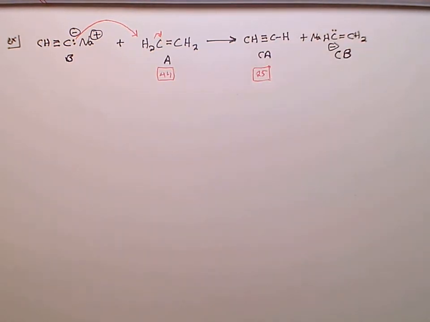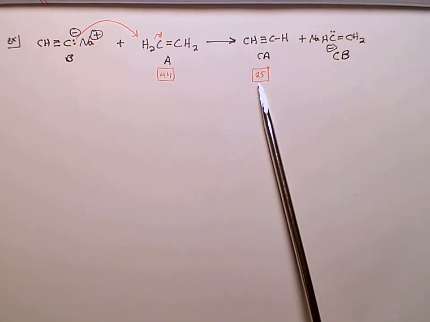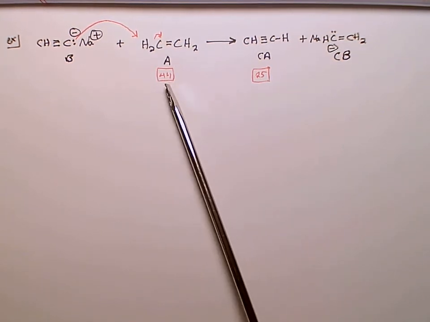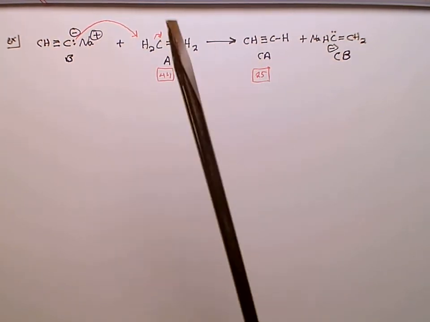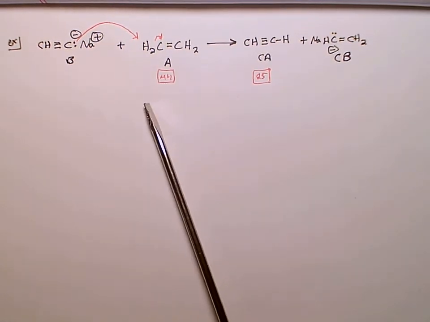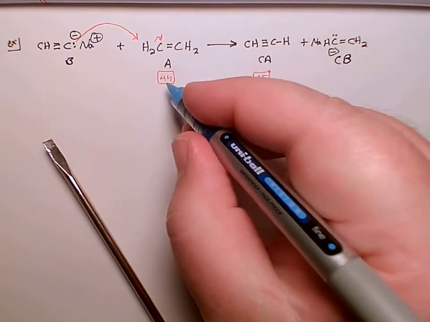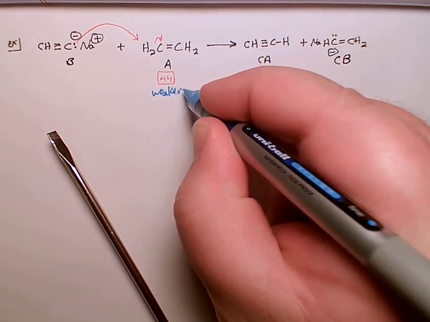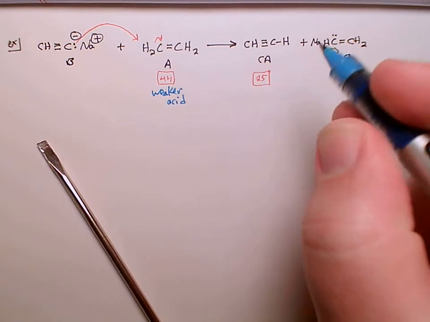And so the question is, which is the stronger acid? Well, the lower the pKa value, the stronger the acid. The higher the pKa value, the weaker the acid. Note that this, with pKa 44, is a weaker acid than this. Higher pKa value, weaker acid.